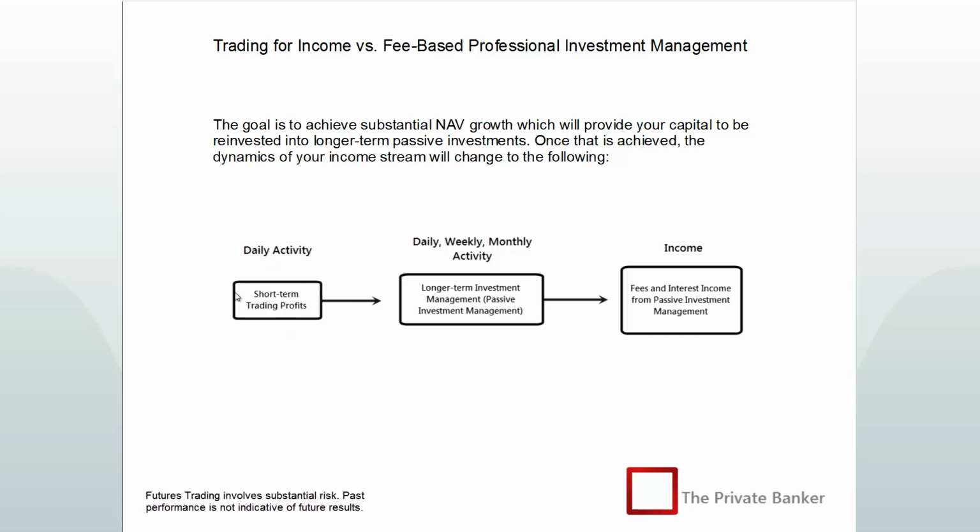Those short-term trading profits are then reinvested into longer-term, more passive investments, and we can manage that on a daily, weekly, monthly, or however you see fit. And this isn't some get-rich-quick scheme or any silly thing like that. This is just trying to outline what it would look like once you get to that level.